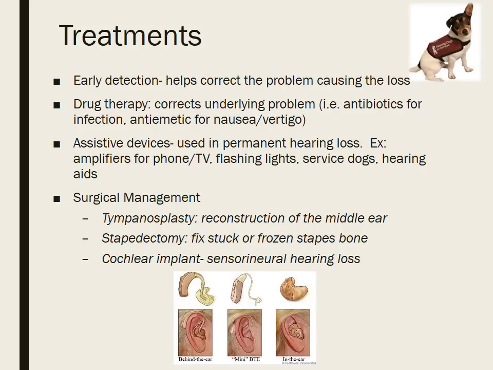There are also things like flashing lights. So maybe if the doorbell or the phone rings, then a light flashes to help to alert the patient visually. They have those too with smoke detectors for safety. Some patients might have a service dog to let them know if somebody's talking to them, if there's danger. Again, just to say, hey, your phone's ringing or doorbells are ringing.